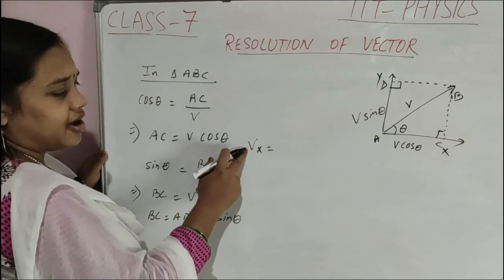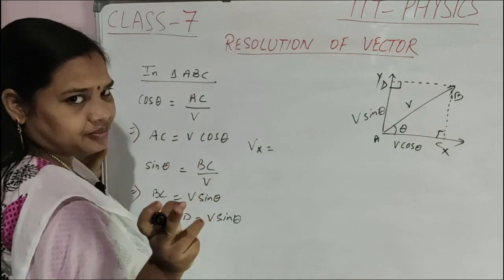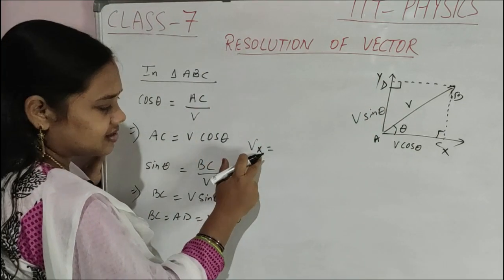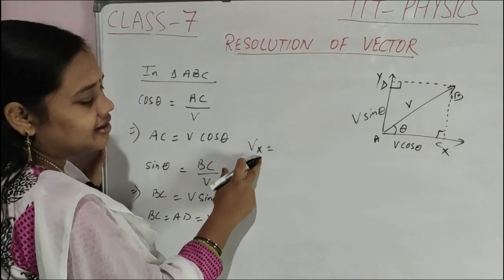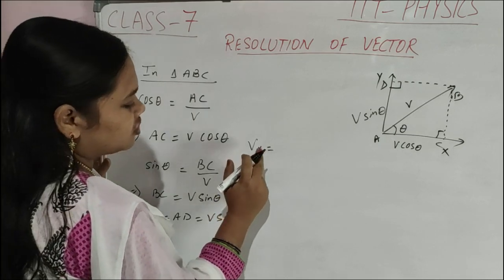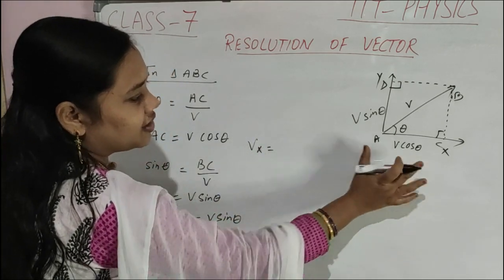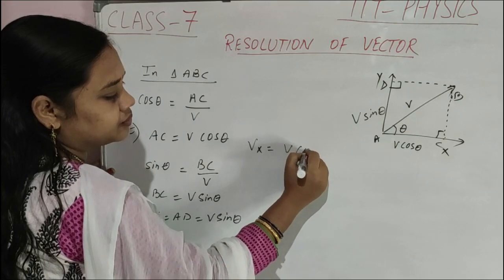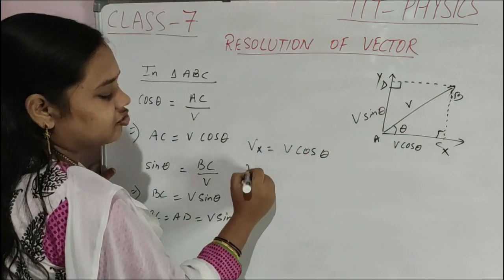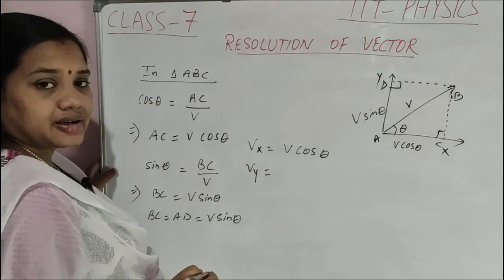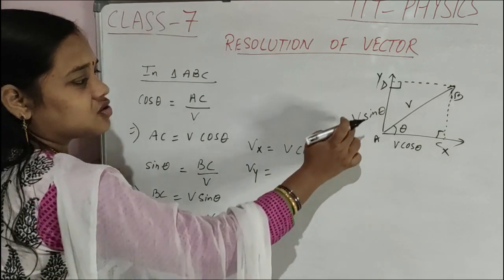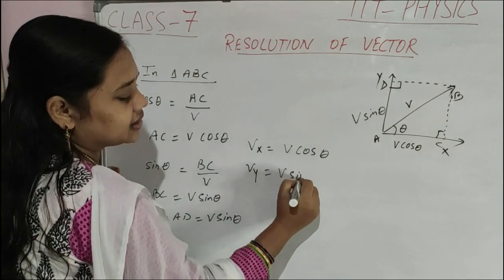Vx is equal to V cos theta. And Vy is the vector in the y direction, the y component, which is V sine theta.